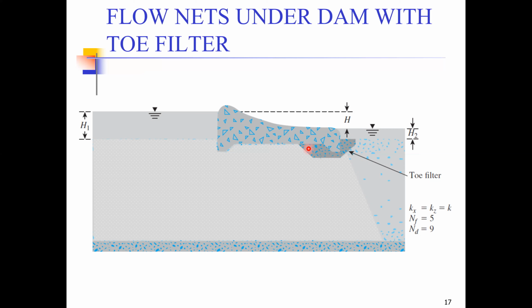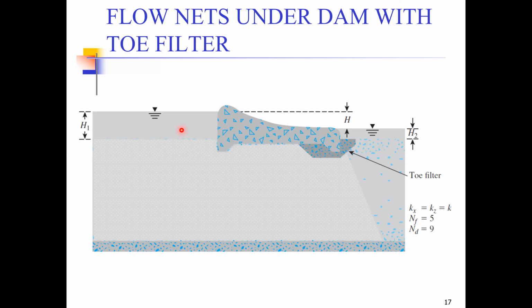Now, the objective of this toe filter is that it comprises a high permeability material. So once the water is flowing from over here, instead of following this path and exiting from here, the water always tries to exit from this point, because this part has high permeability and it is easy for the water to flow through it.